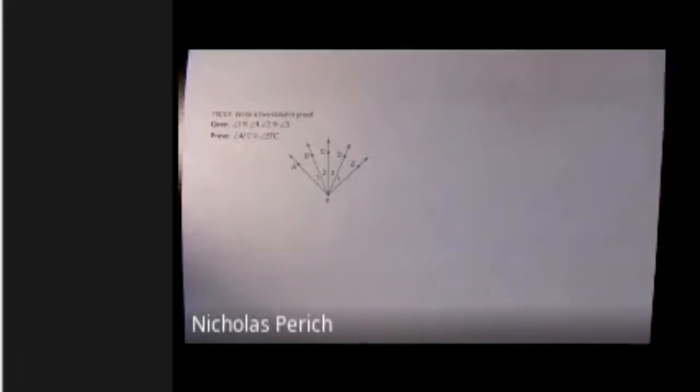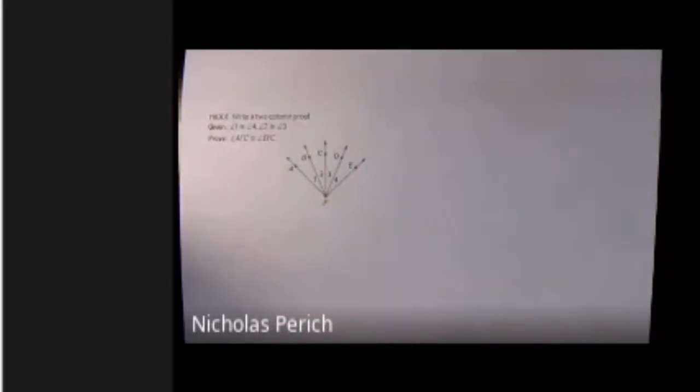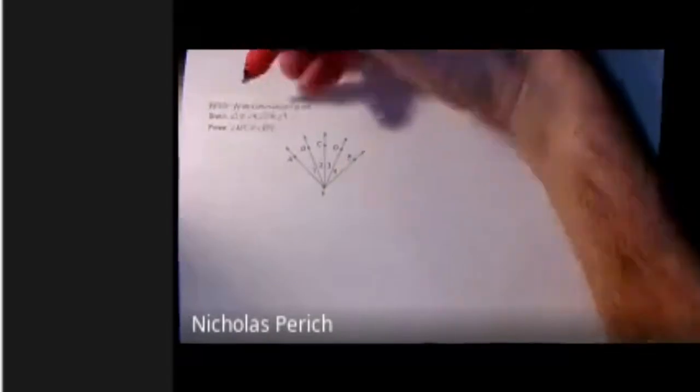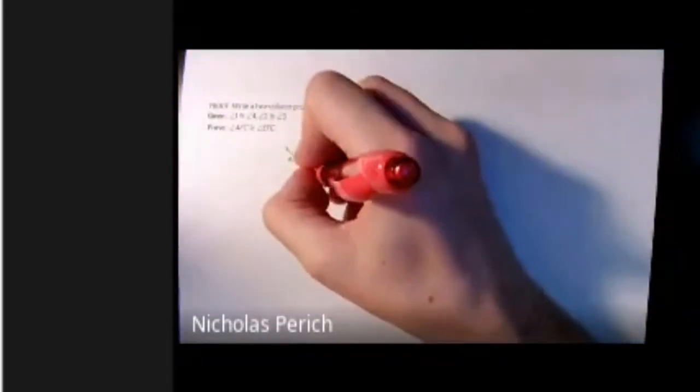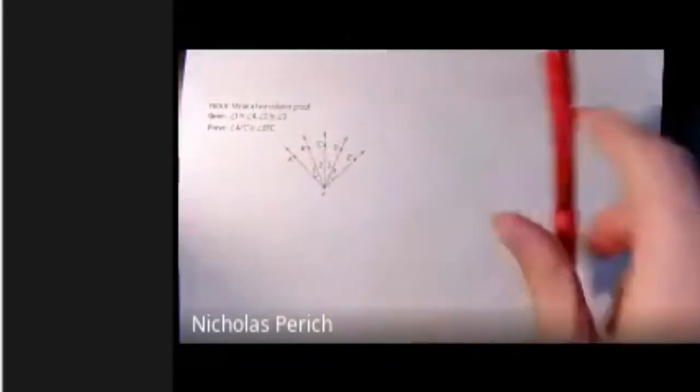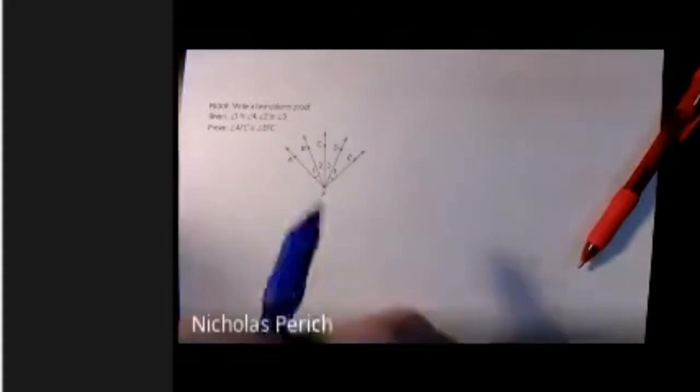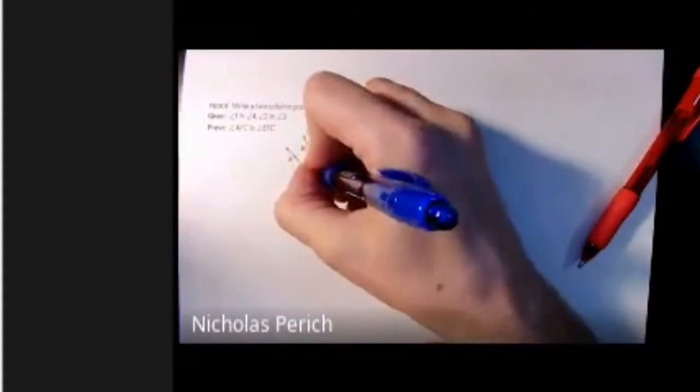All right, let's do our rough draft over here. A lot of the segment ones and angle ones are very similar in theory, where I give you angle 1 equals angle 4. So these two are the same. And then I tell you that 2 and 3 are equal to each other.